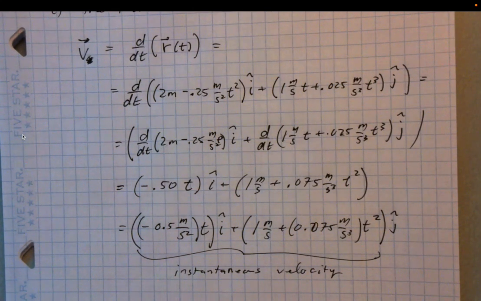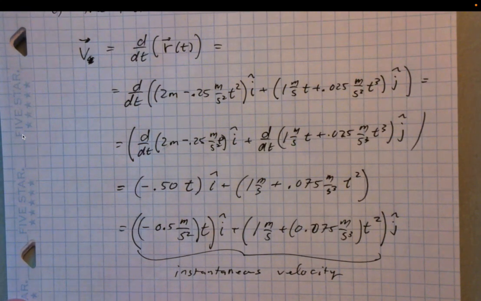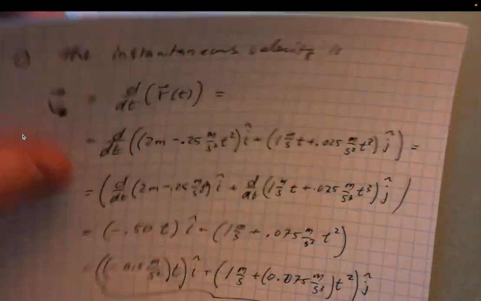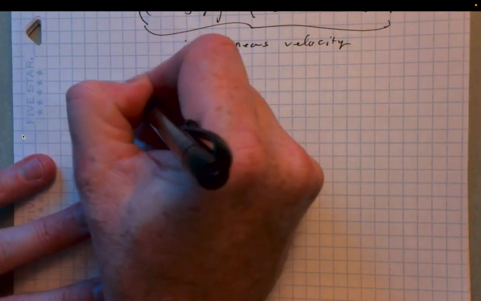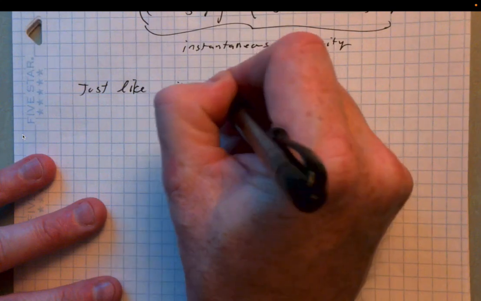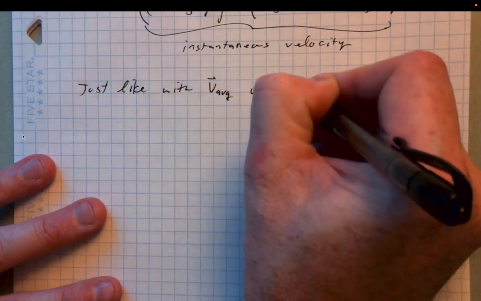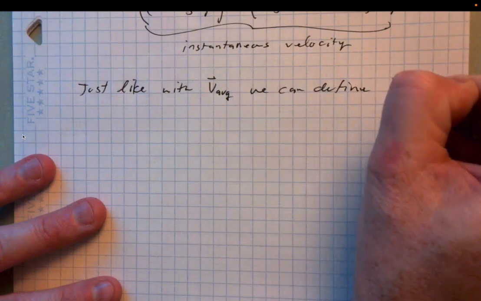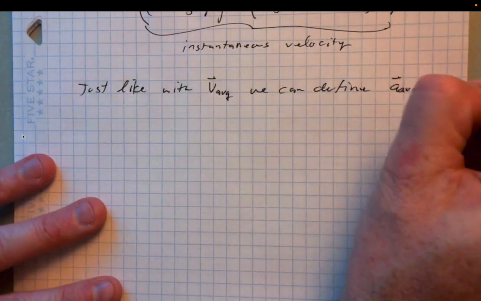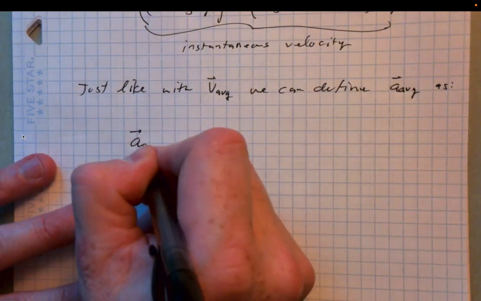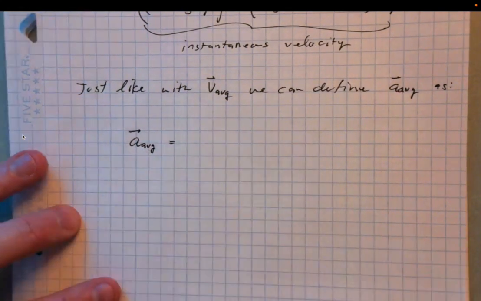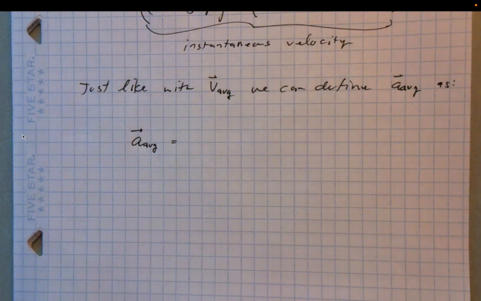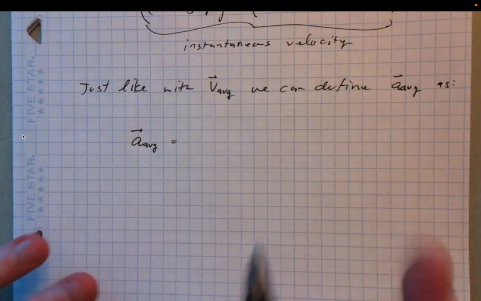Just like with average velocity, we can define average acceleration over an interval, right? Average acceleration is really going to be the change in the velocity vector, which we just talked about, over an interval of time.